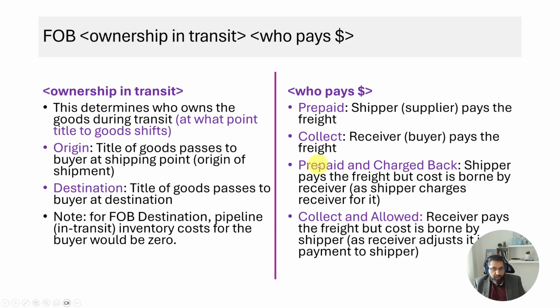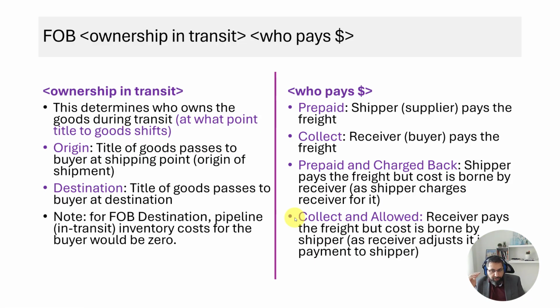Collect is the opposite, where the buyer or the receiver is going to pay the transportation cost to begin with. So the transportation company can collect the cost from the receiver, but now the receiver, the buyer, is allowed to deduct this amount when they pay the invoice to the supplier.